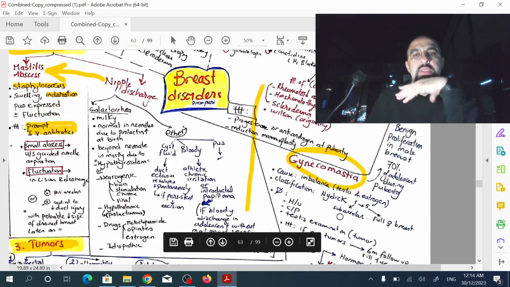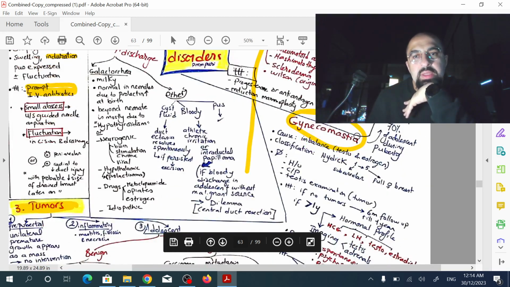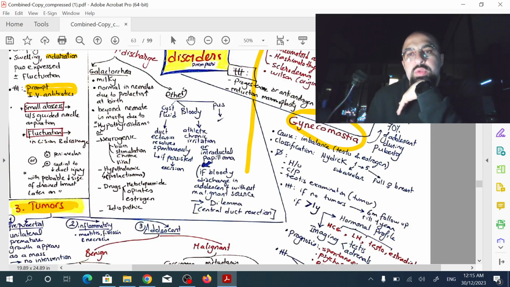To revise gynecomastia, which we covered in the first and second episodes: it is benign proliferation in the male breast, in 70% of adolescents. The cause is an imbalance between testosterone and estrogen. Classification is by Neidig or Simmons, 1 to 5, from subareolar to full breast. History, clinical picture and examination by the pinching test are important, as is testicular examination for hypogonadism or asymmetry.